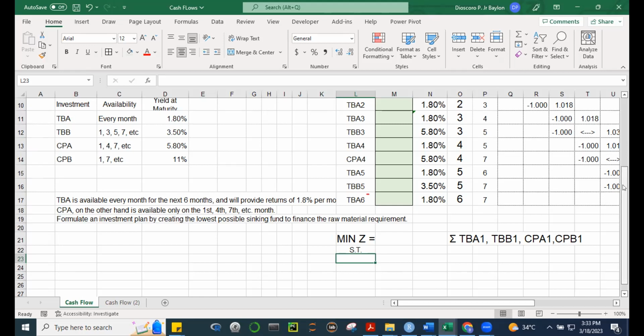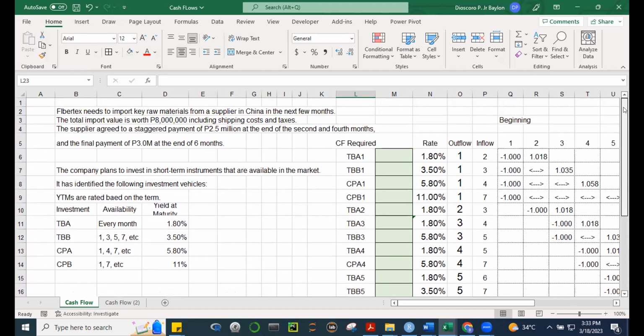We were given a layaway plan, an installment plan, a staggered payment. So we will need to pay 2.5 million at the end of the second month, or at the beginning of the third month, and then at the beginning of the 5th month, and then the balance of 3 million at the beginning of the 7th month. Okay, so we don't need to raise 8 million at the onset.